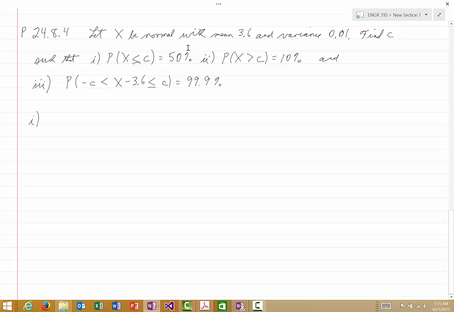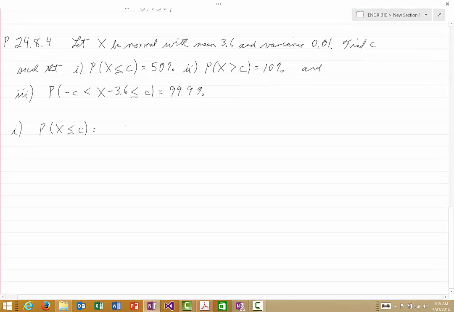So one thing you might think then is, okay, the probability that X is less than or equal to C, well, that's capital F of C. And of course, remember now that this probability in the first part of the problem is 50%.